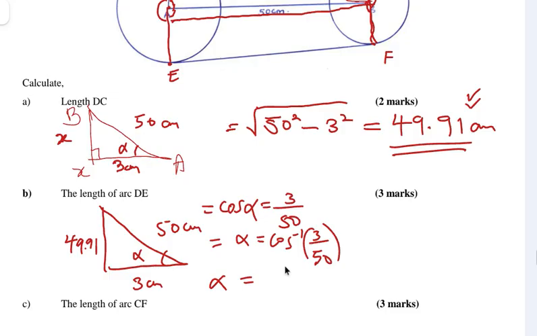out of 50, and the answer on your calculator would give you 86.56. So the answer should give you 86.56 degrees. But now that is not your answer. Your answer should be involved in finding the arc DE, and in finding the arc lazima tupate ile angle full.